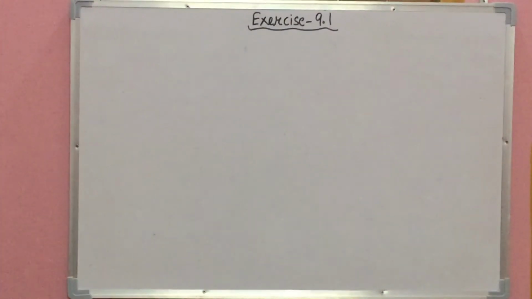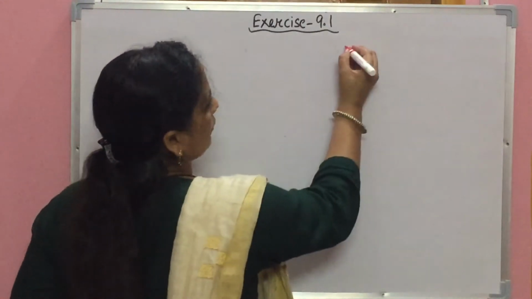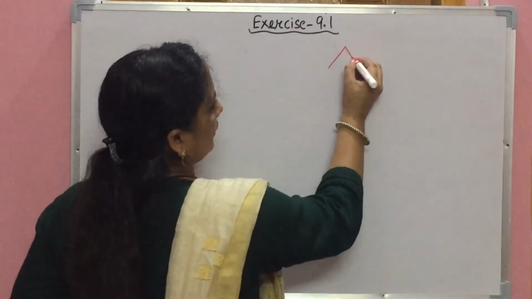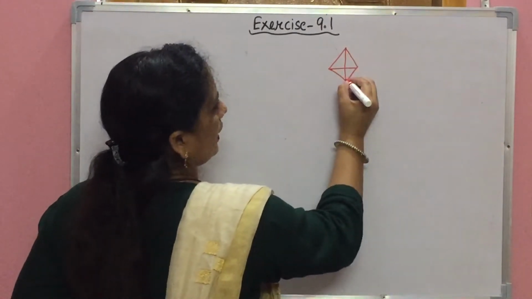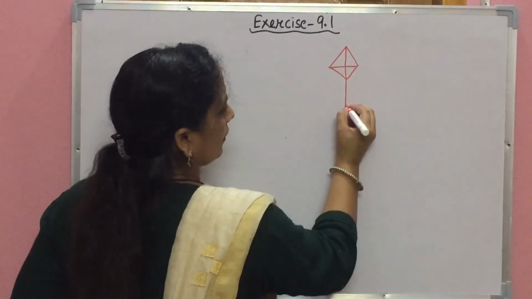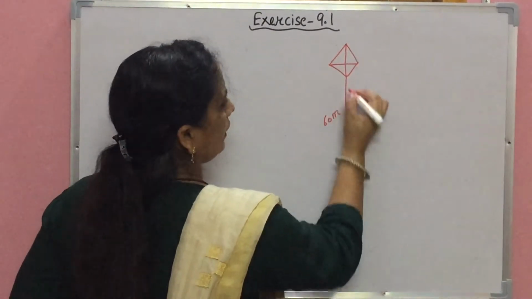Question number 5 is, a kite is flying at a height of 60 meter above from the ground. This is given. Here we suppose a kite. Kite is flying at the 60 meter above from the ground.